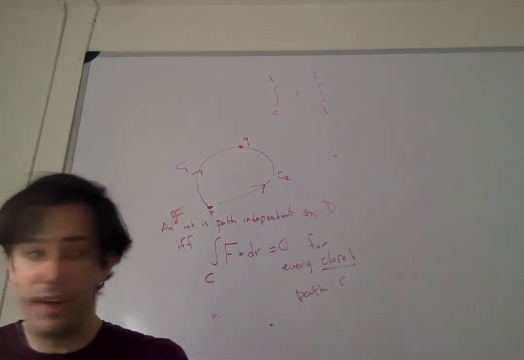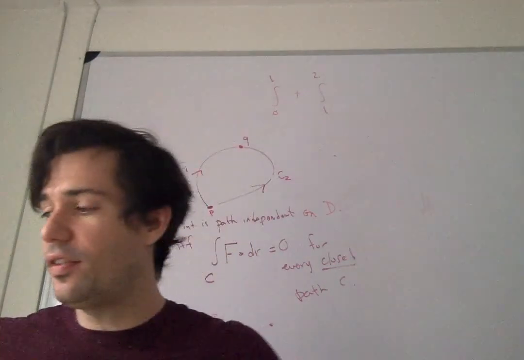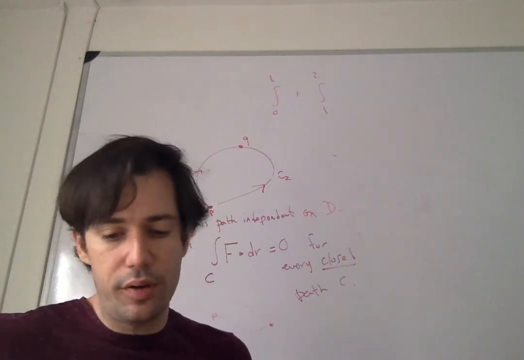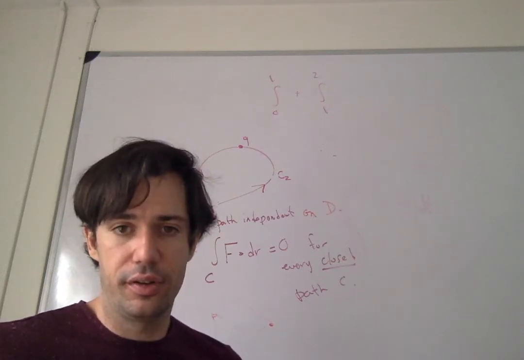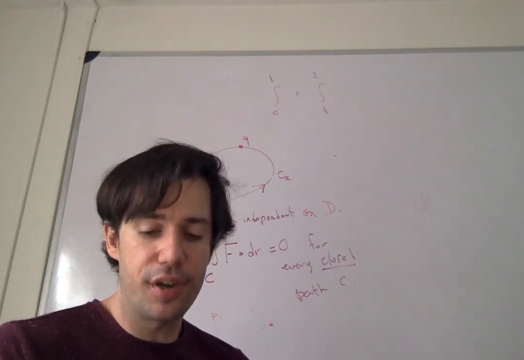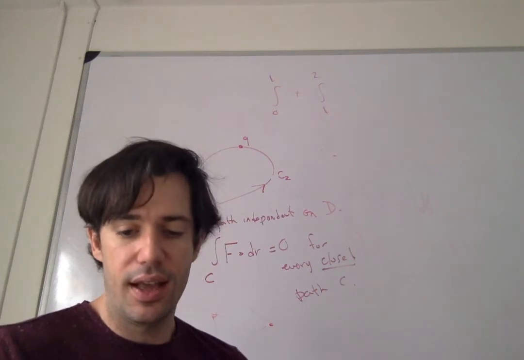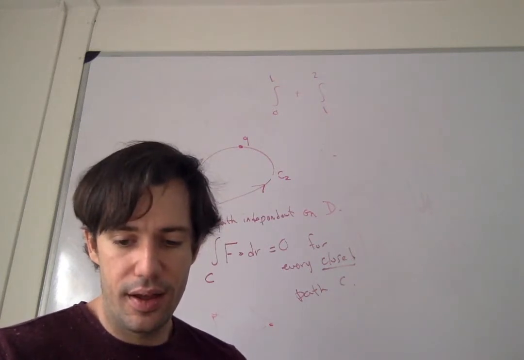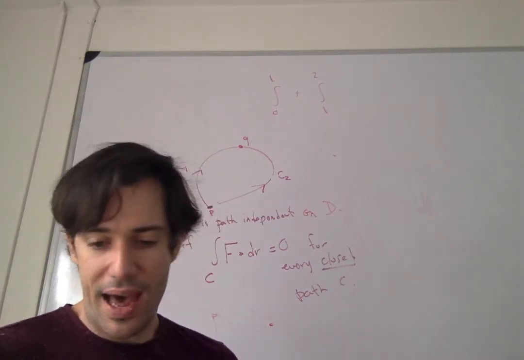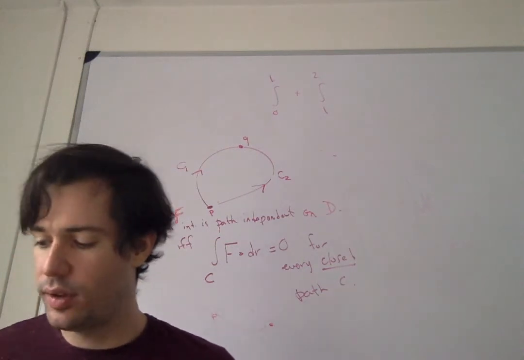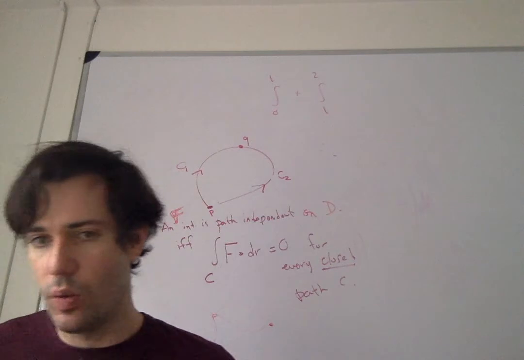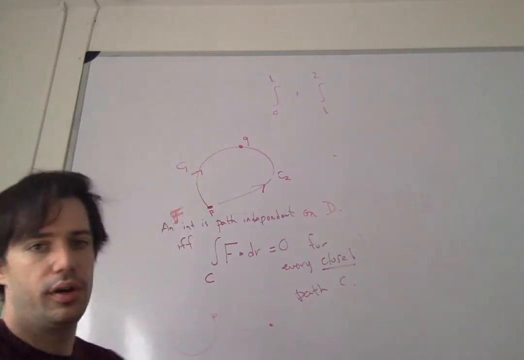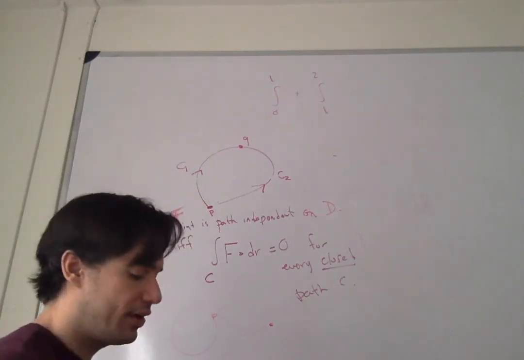Okay, now here's a very nice result. Suppose I have a conservative vector field, right? If I have a conservative vector field, then it's going to be path independent. So this is on page 1128. So let's remember, what is a conservative vector field?